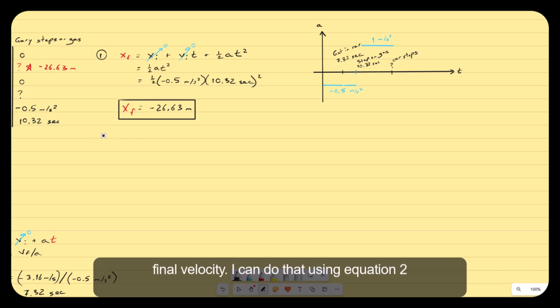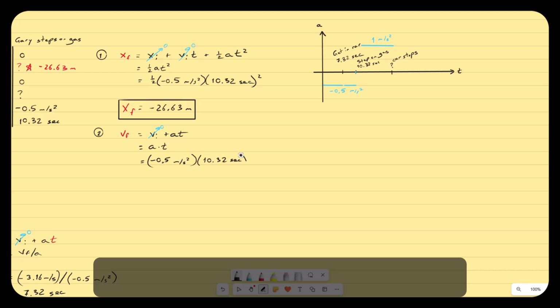I can do that using equation 2, because I know everything else. V final equals V initial plus a t, that's 0, so just acceleration times time, and I'm going to get negative 5.16 meters per second, and I can put that in here.